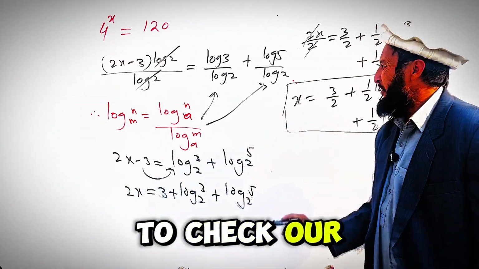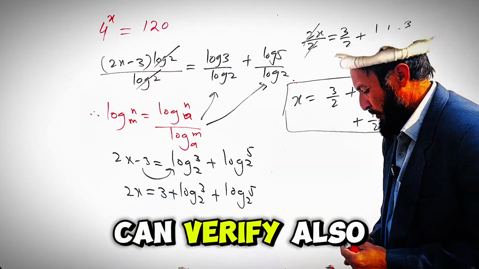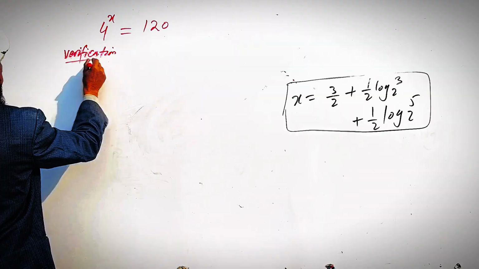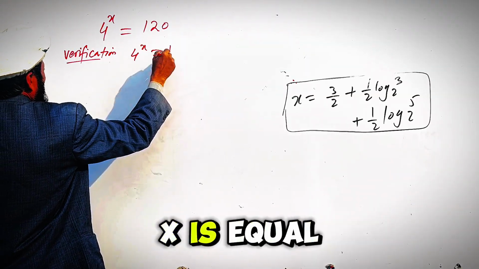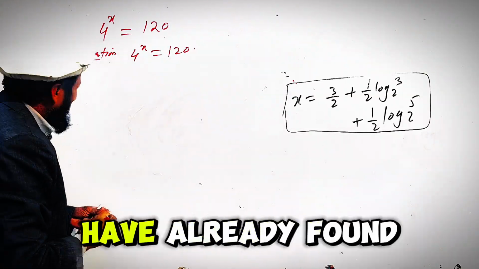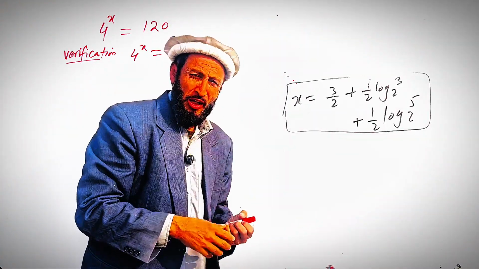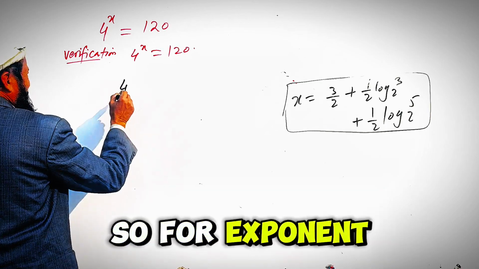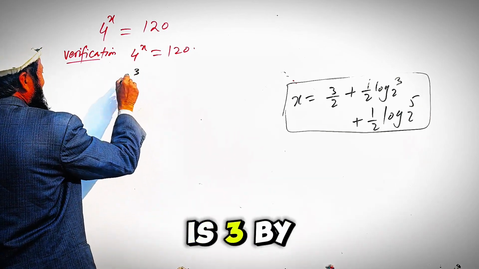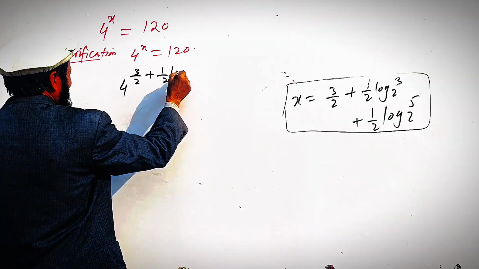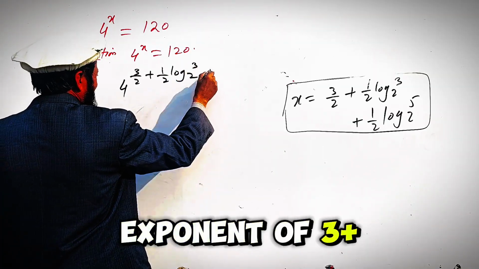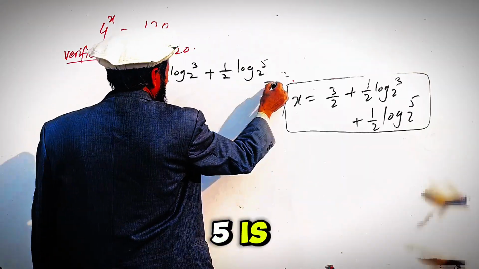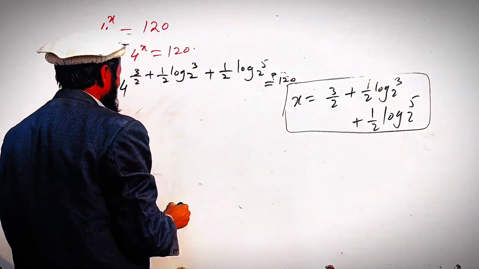Now we try to check whether our answer is correct or not. We can verify it also. For 2 exponent of x equal to 120, we have already found the value of x. We replace this result for x. So for 2 exponent of x, x is 3 by 2 plus 1 by 2 log of 2 exponent of 3 plus 1 by 2 log of 2 exponent of 5, is it 120?